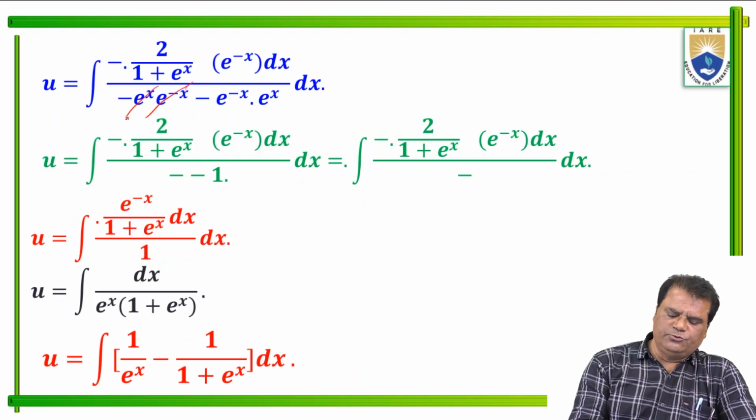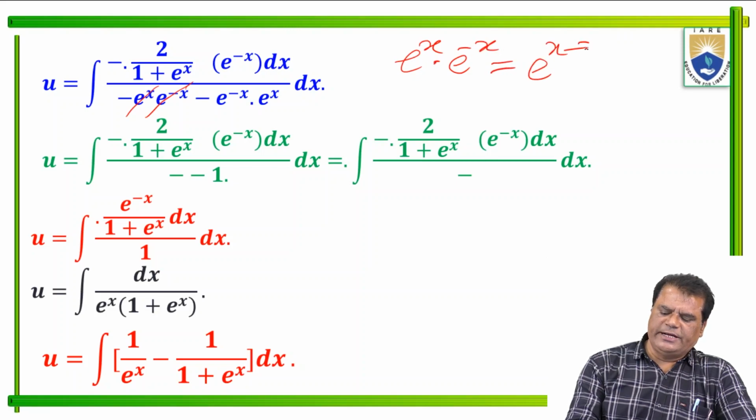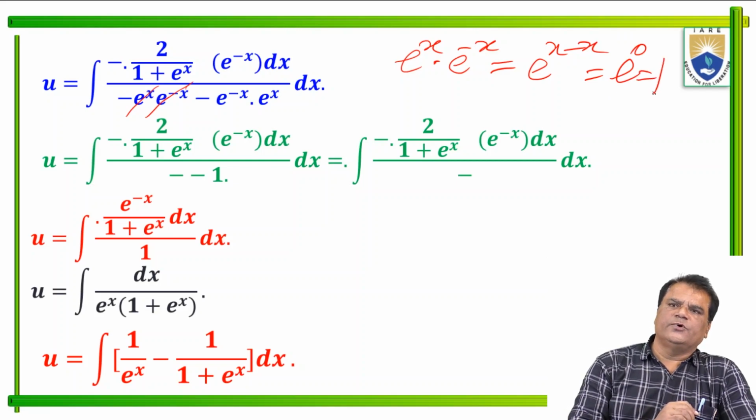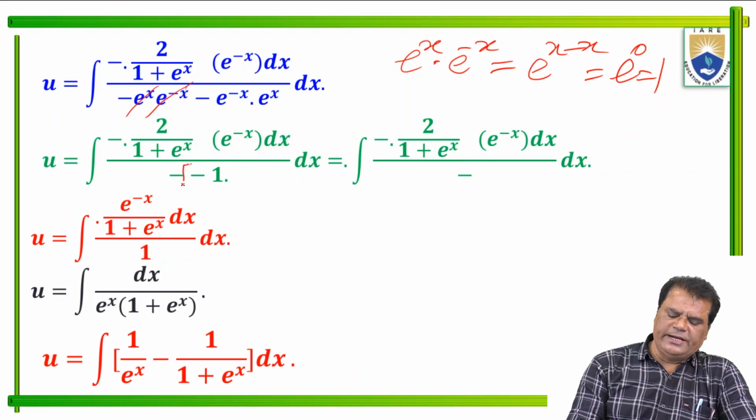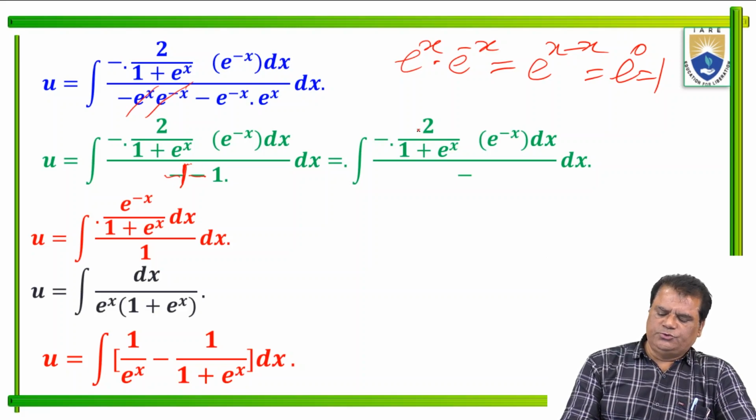And e to the power x into e to the power minus x is e to the power x minus x, e to the power 0, which is 1. So this results in 1 and this results in 1. So I am writing here minus 1 and minus 1. So the result is minus 2 upon 1 plus e to the power x, here e to the power minus x dx.